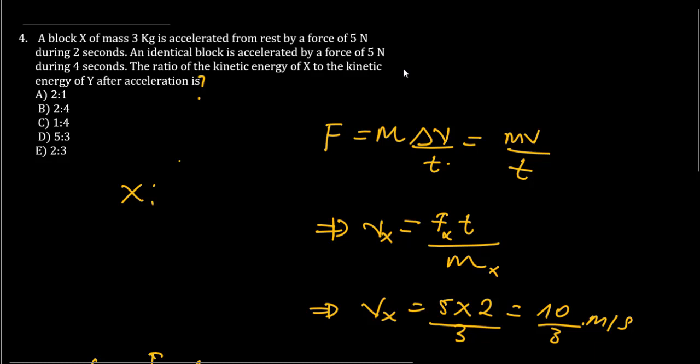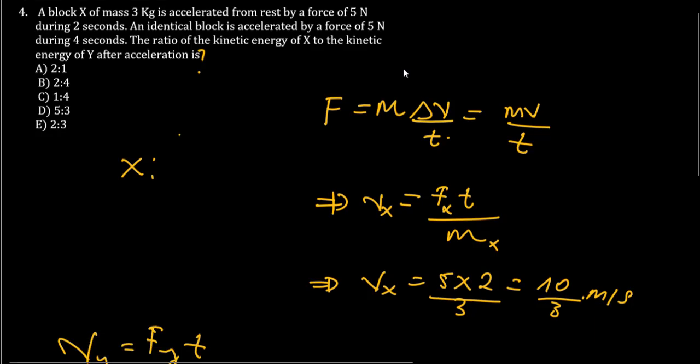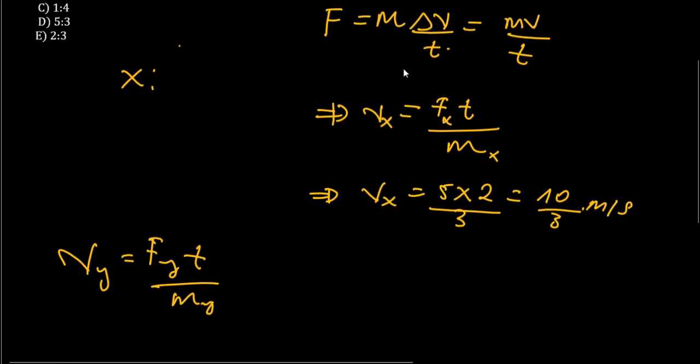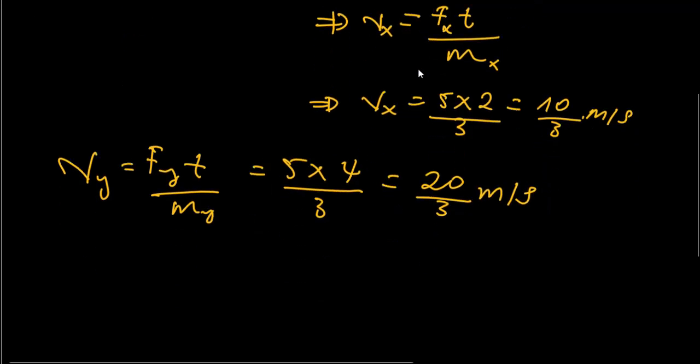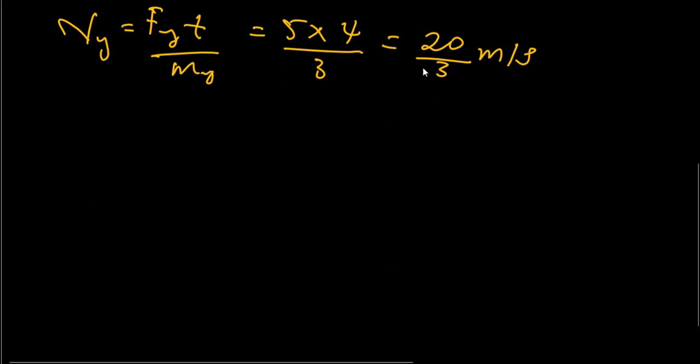We have a 5 Newton force, duration of 4 seconds, and an identical block, so it means their masses are the same. So we get 5 times the duration of 4 seconds divided by the mass 3. This gives 20 divided by 3 meters per second.